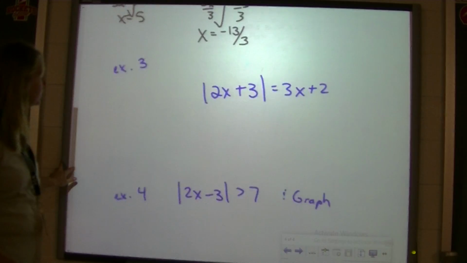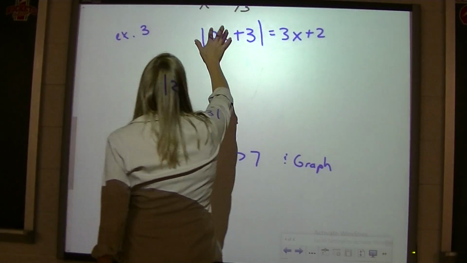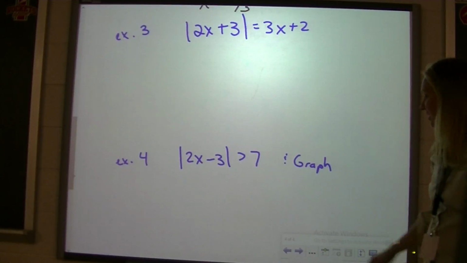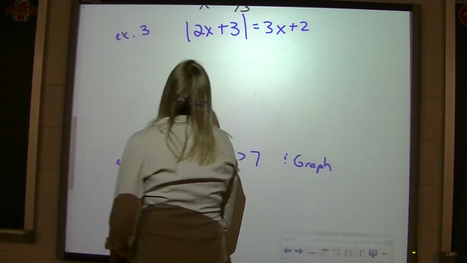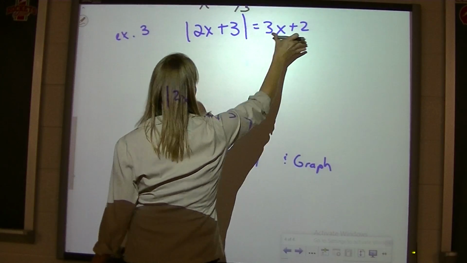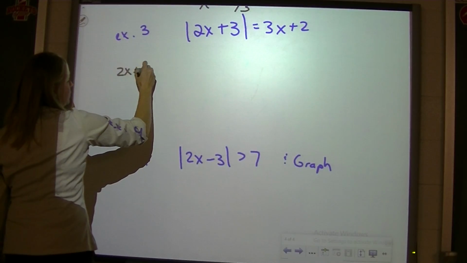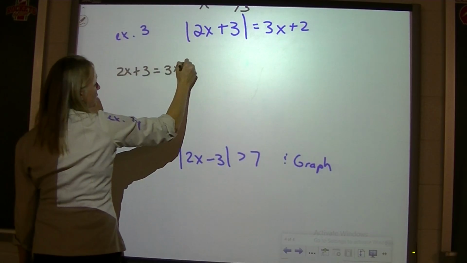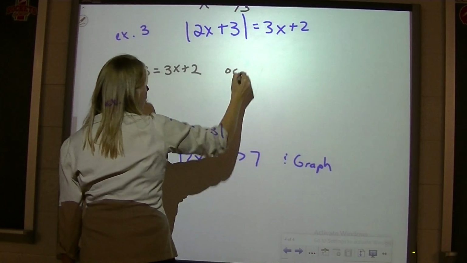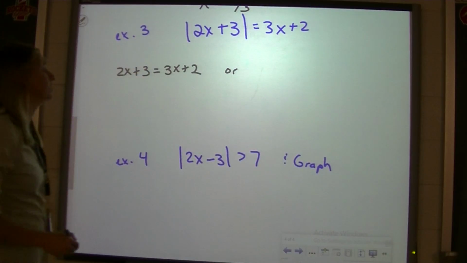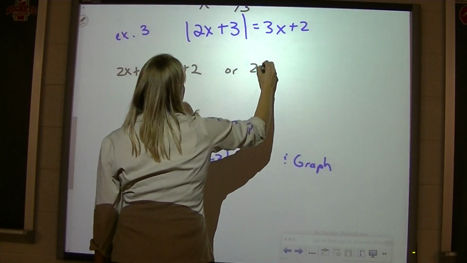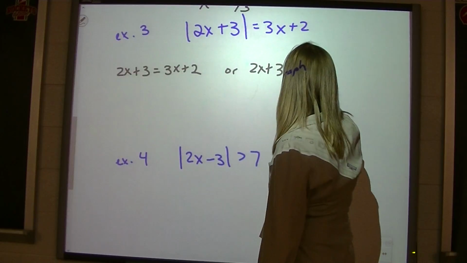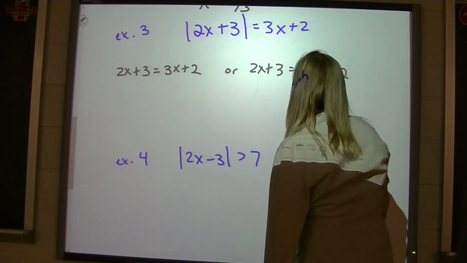Let's look at example 3 then. We have absolute value of 2x plus 3 equals 3x plus 2. Same thing. This absolute value can equal this positive number, 2x plus 3 equals 3x plus 2, or it can equal its opposite, so -3x minus 2.